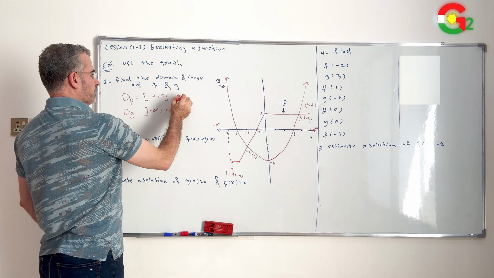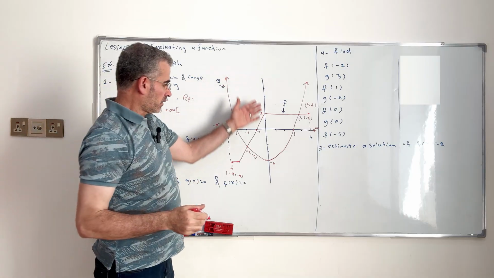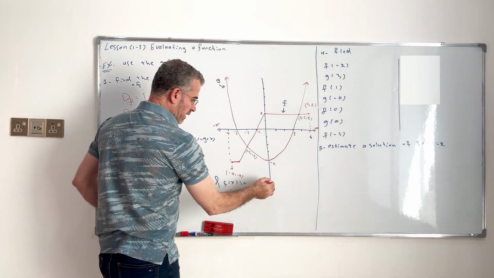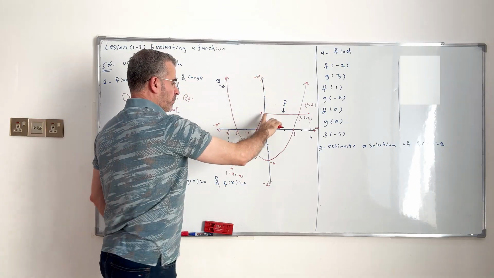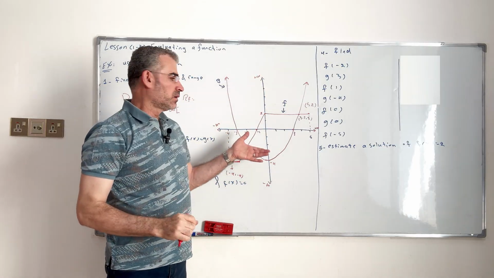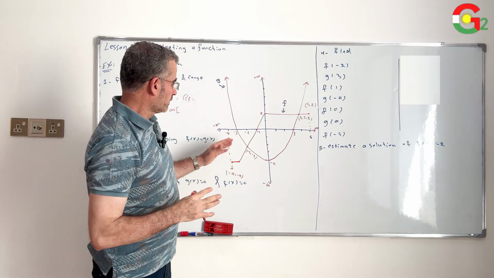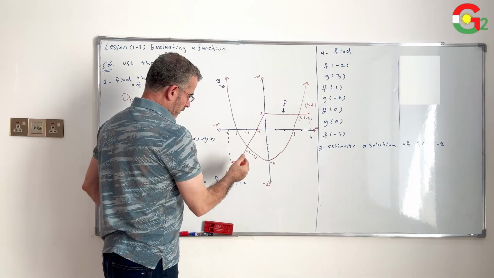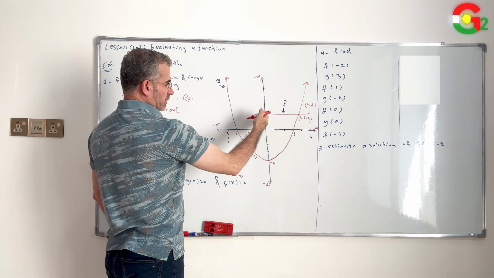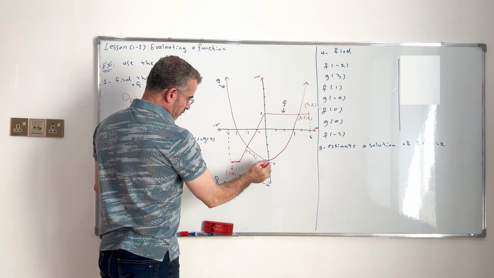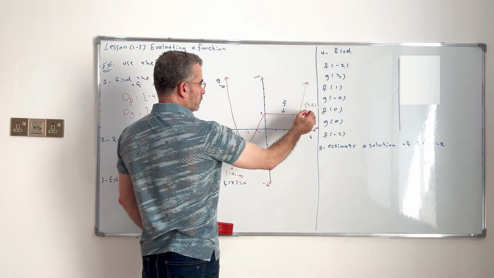The range of f is either the whole y-axis from negative infinity to positive infinity, or a part of it that covers the graph. Here, the part of the y-axis covering the function f is from negative 4 to 2.